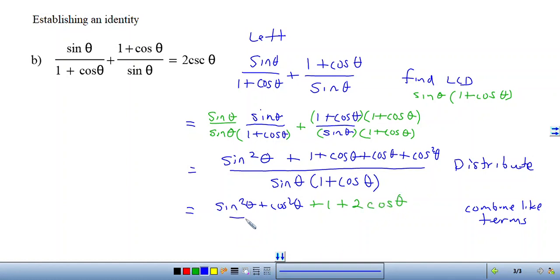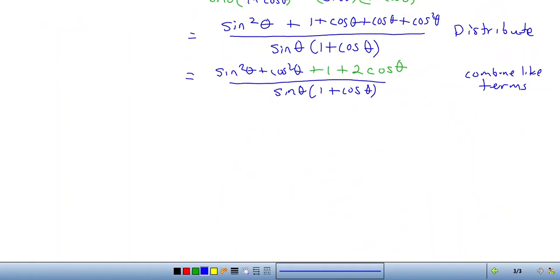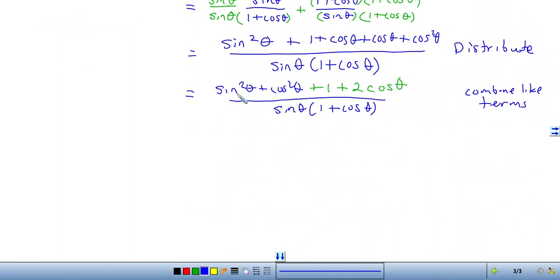And this whole thing is over your denominator. Okay, so the next step after we combine like terms, now I'm going to use the Pythagorean identity. Alright, so that Pythagorean identity, sine squared theta plus cosine squared theta, that's 1. So you just replace that with the 1. Everything else stays the same.